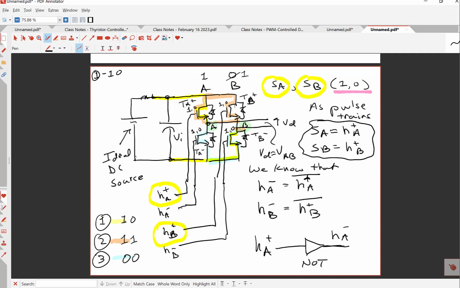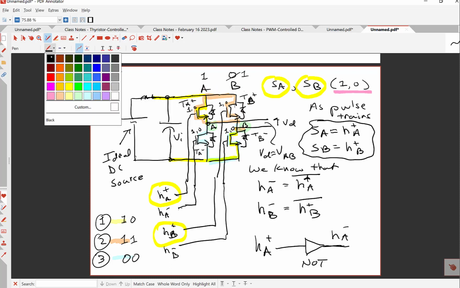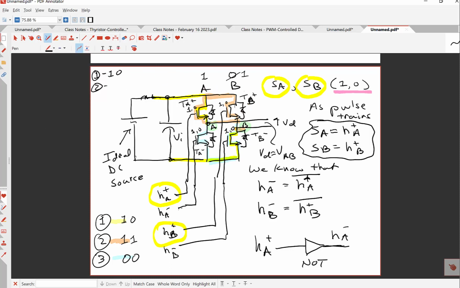We're going to change one switch state per leg in every sequence. So in number 2, we change the state of the B, but we leave A where it is. So that will give us a 1, 1. This produces VI. This produces a 0.